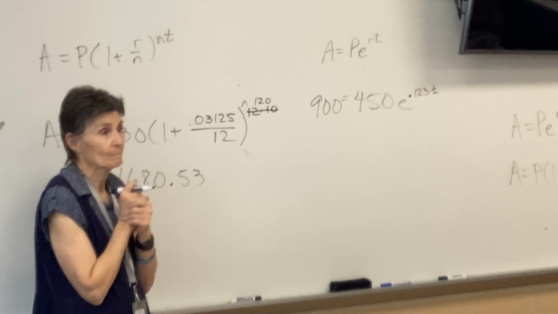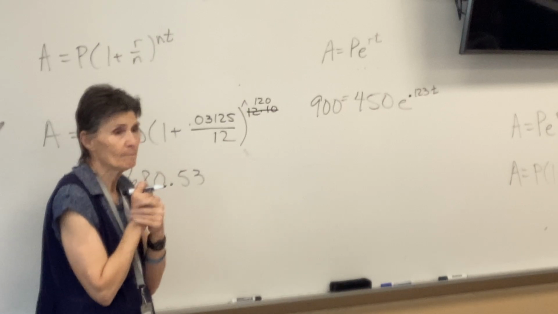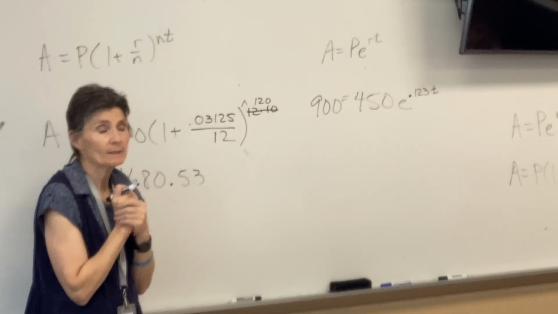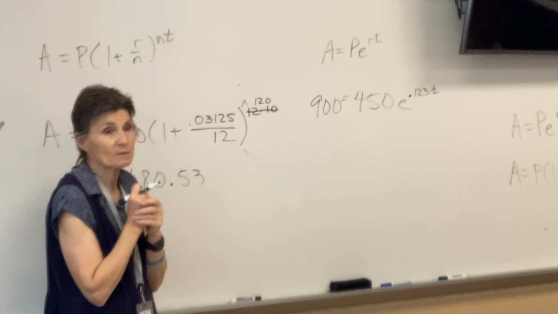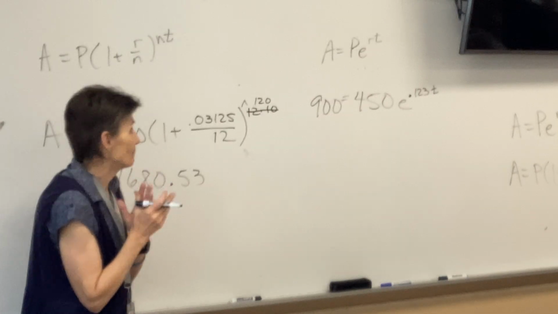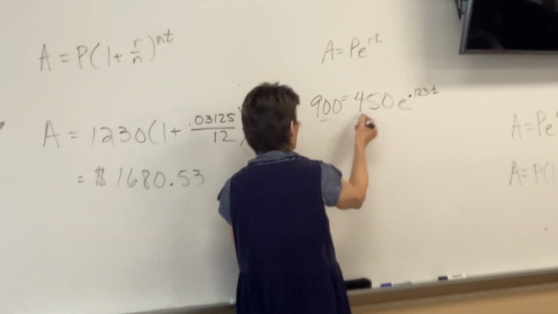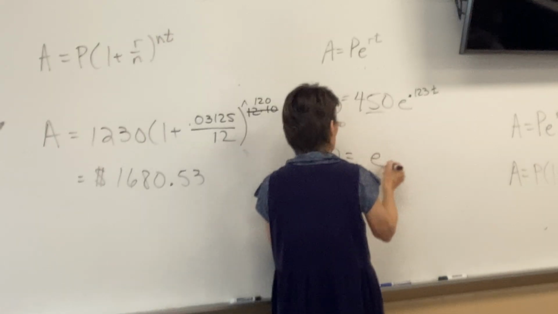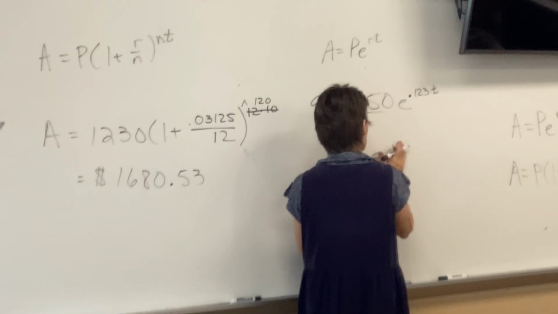Now notice, where is t? To the power. It's an exponent. I'm going to need logarithms, but not yet. What is step 1? Divide by 450. When I divide, I'm going to get 2 equals e to the 0.123t.